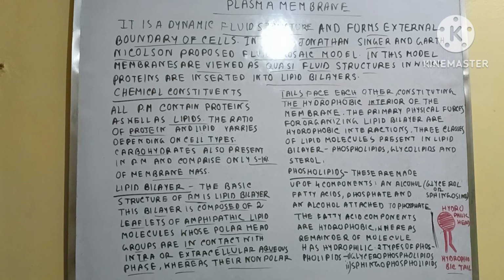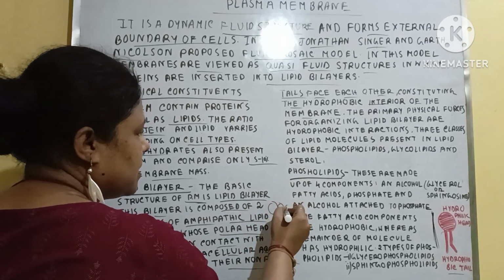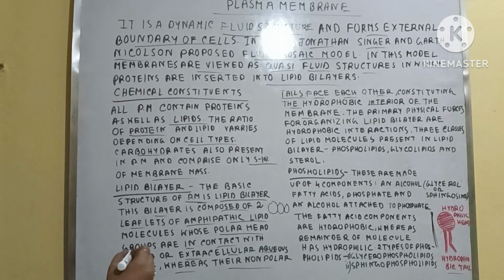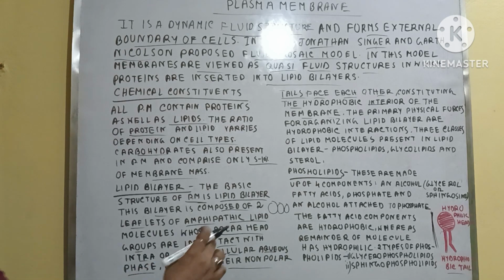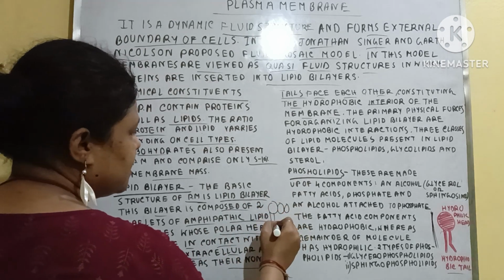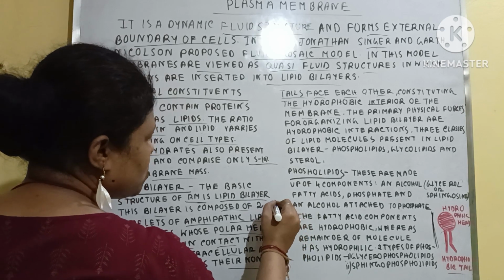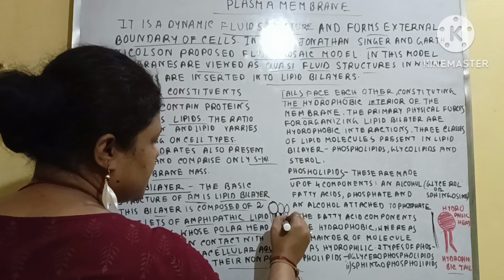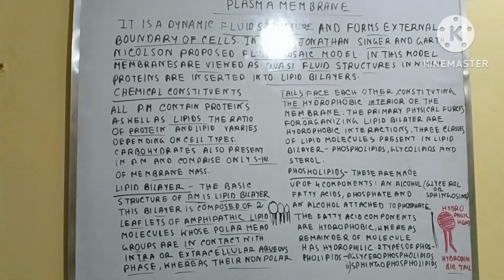So the head groups remain in contact with the intra or extracellular phase, like this. These are the tails and these are the heads. In that way they are arranged.